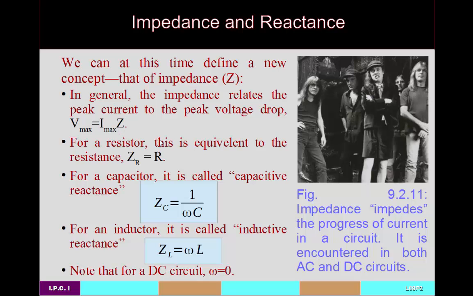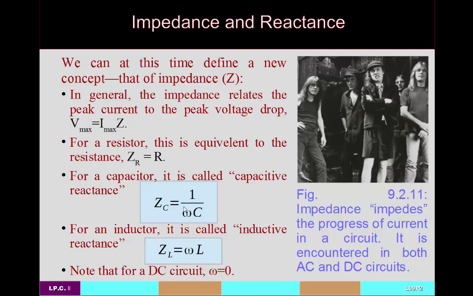So if you have a resistor, then the impedance is just R, the resistance value, because at all times V equals IR if you have an ohmic resistor, and hence the maximum voltage is the maximum current times the resistance. In the case of the capacitor and the inductor, you can also get values for impedance.